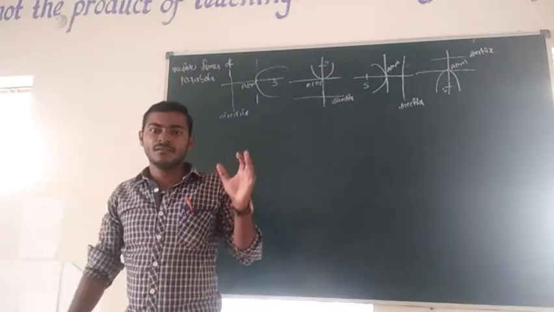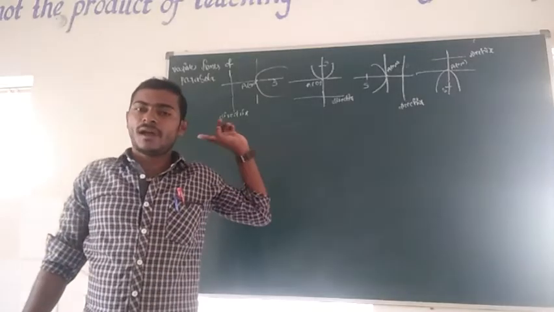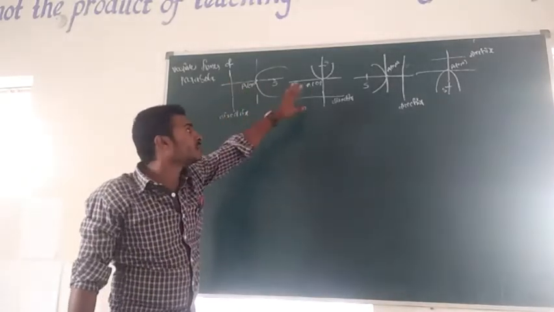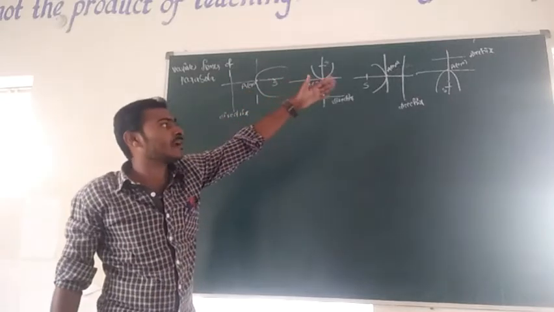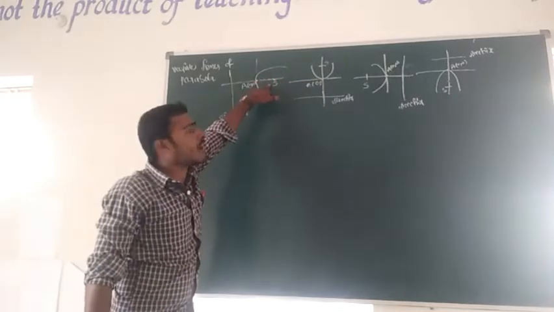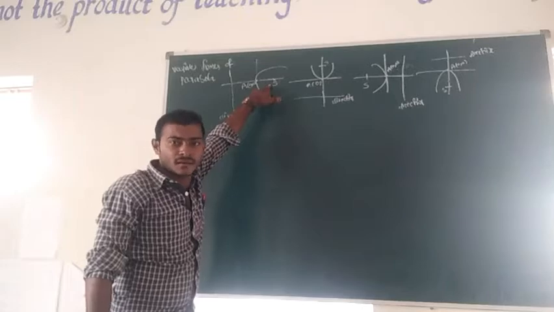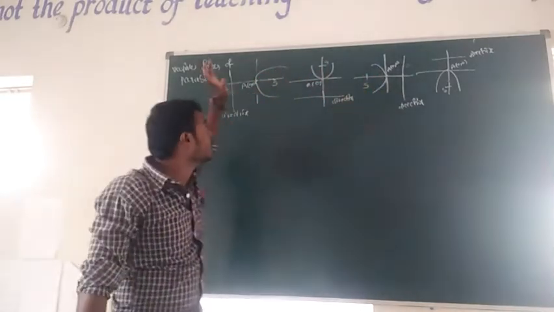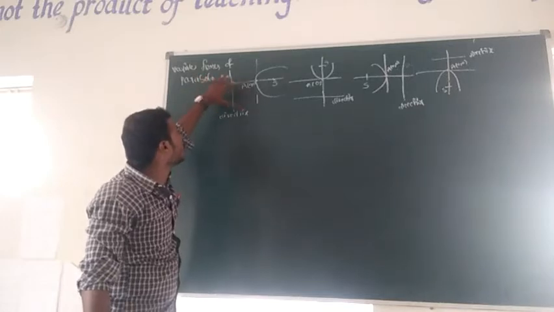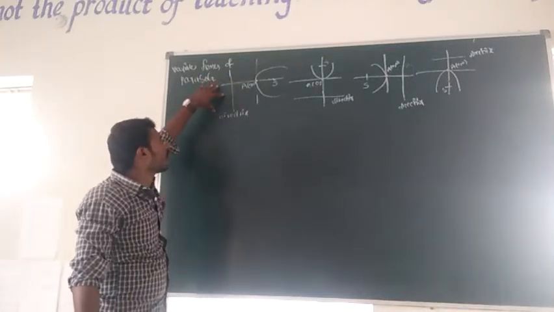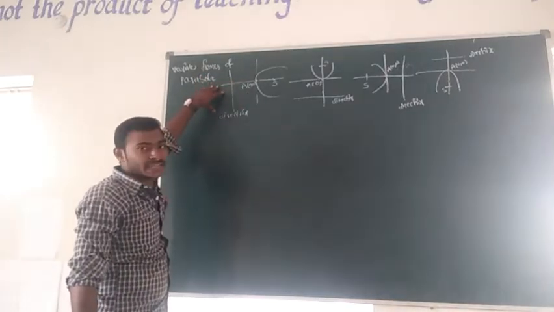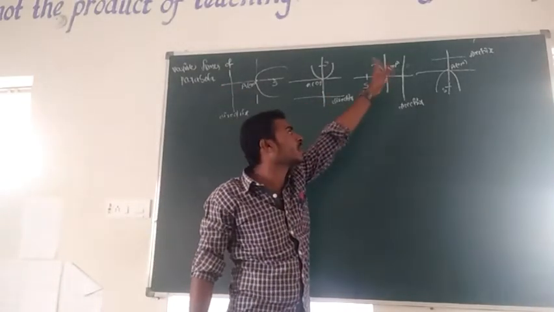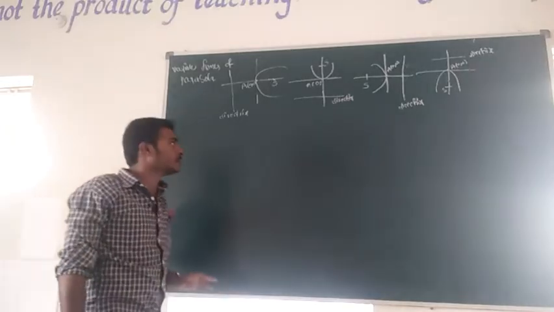First we take the various forms of parabola, and after that we take the vertex. In all four forms, the vertex is the same, A of 0 comma 0, and the focus always lies inside the curve. The line outside of the curve, parallel to the curve, is called the directrix.